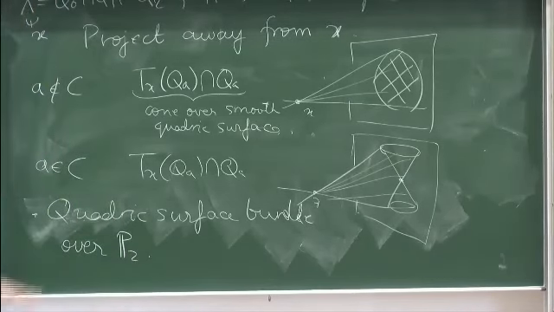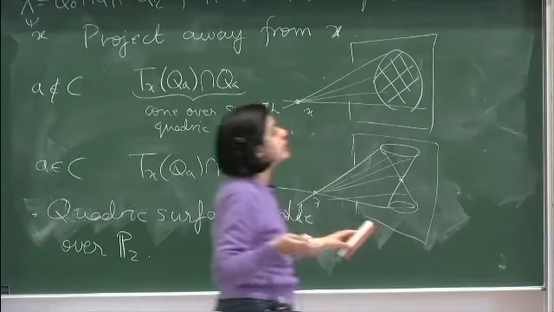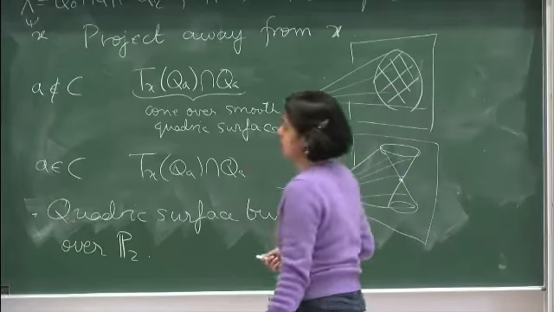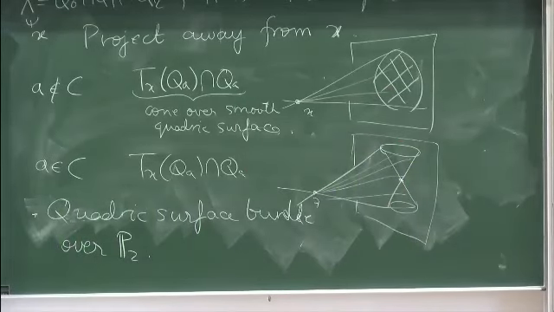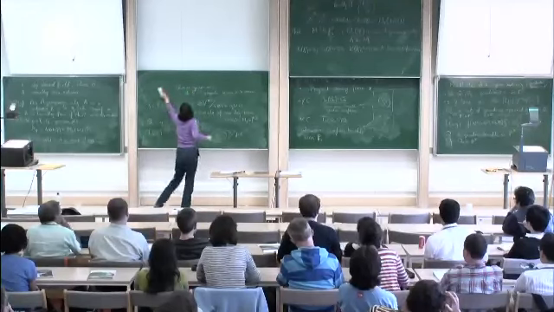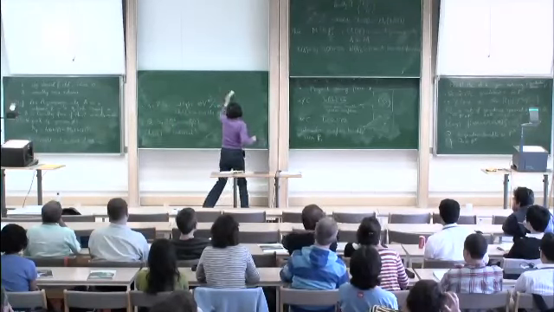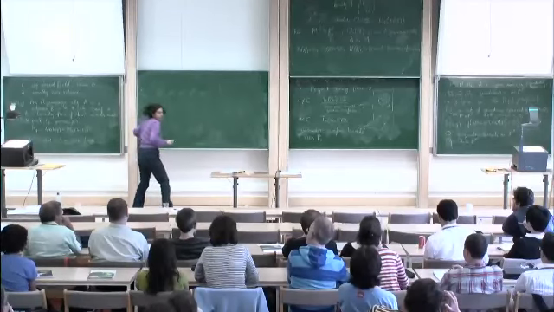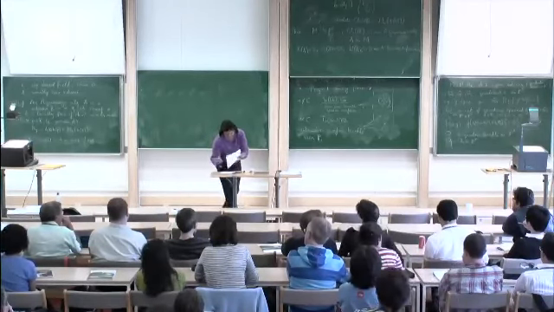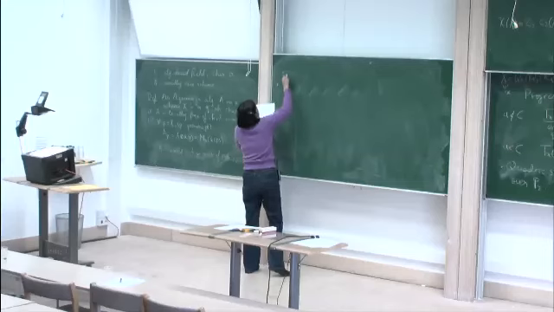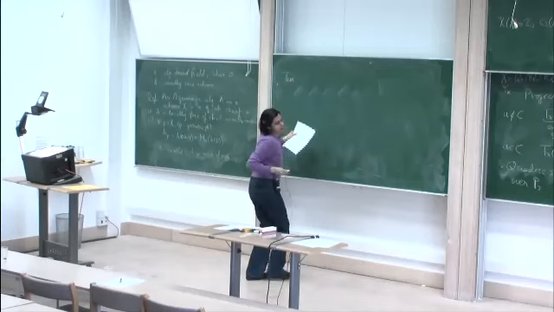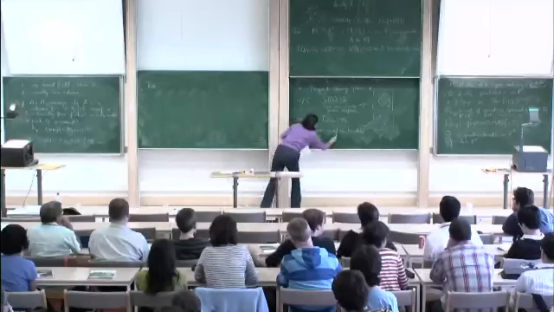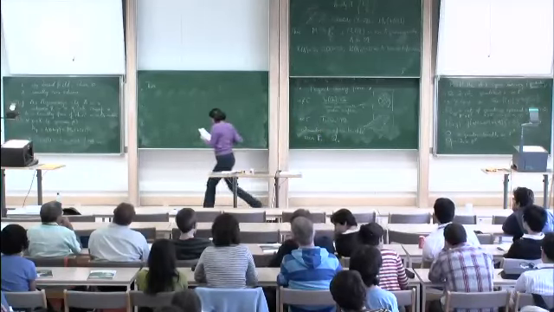But the neat thing is that this family of quadric surfaces doesn't live in a P3 bundle. It actually lives in the projectivization of a vector bundle, which we compute. So we calculate what that vector bundle is. Theorem: let me call this family Q sub x.